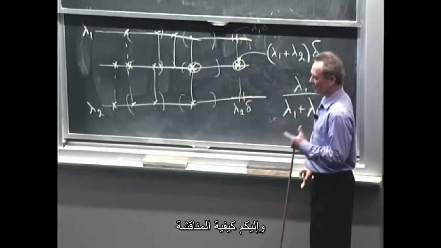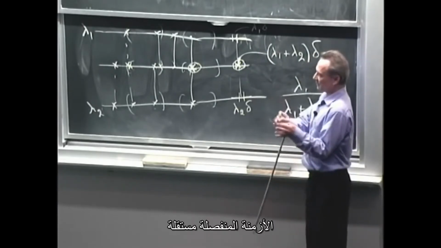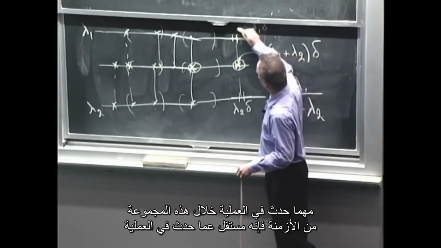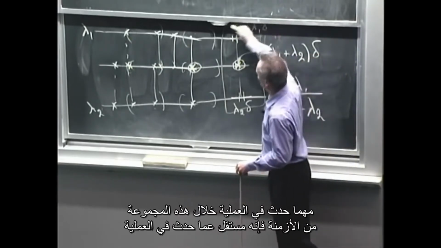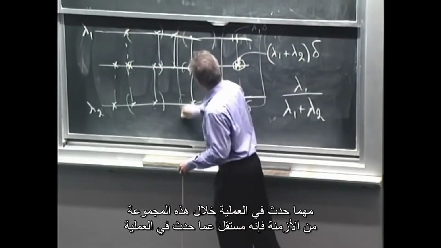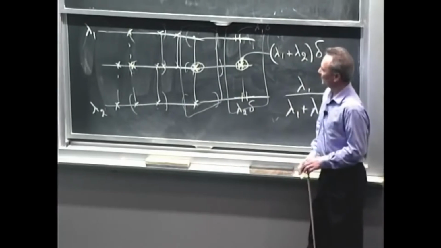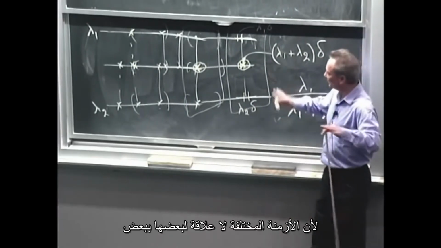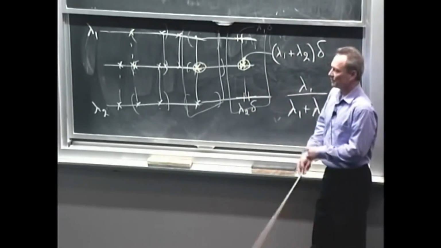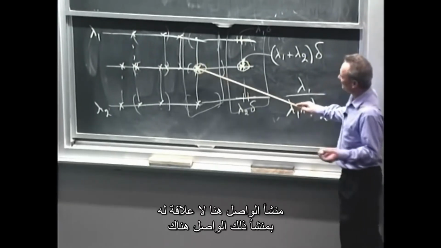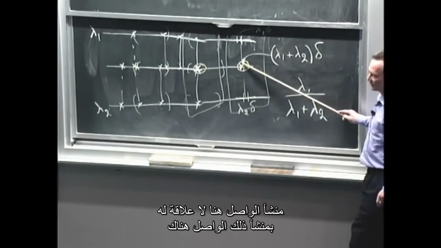And here's how the argument goes. Separate times are independent. Whatever has happened in the process during this set of times is independent from whatever happened in the process during that set of times. Because different times have nothing to do with each other, the origin of an arrival here has nothing to do with the origin of an arrival there.